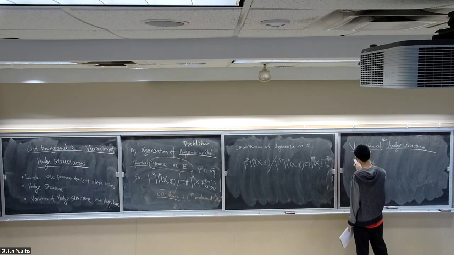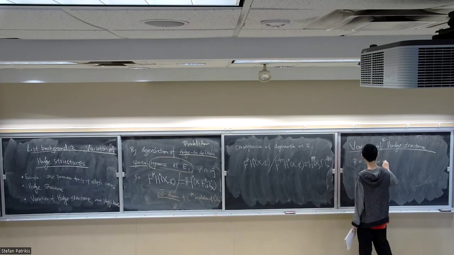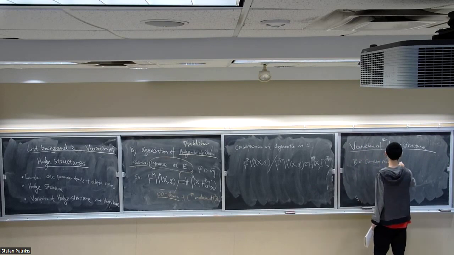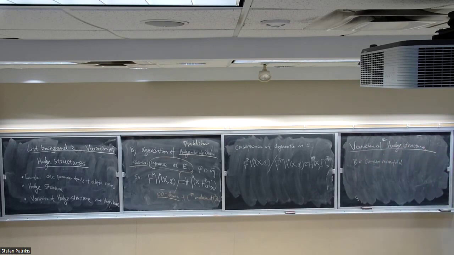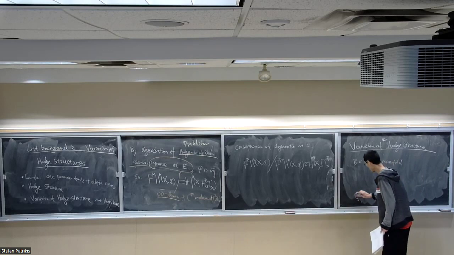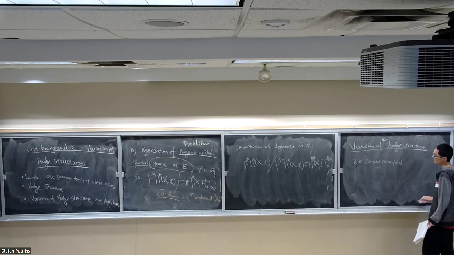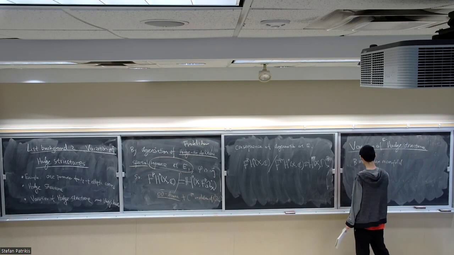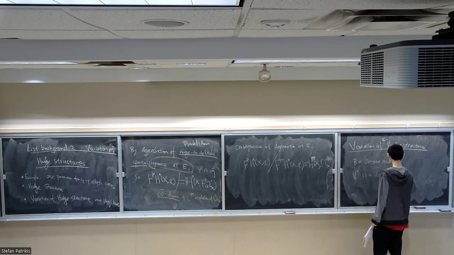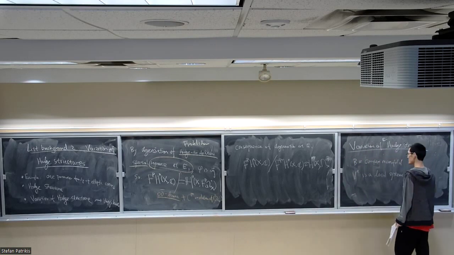Let me work with B, a base space, a complex manifold, and this V, let's say it is a local system on B.